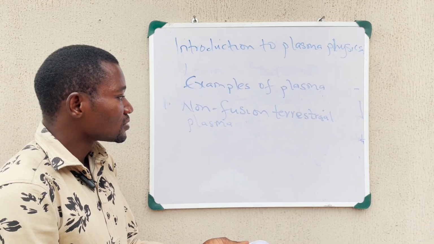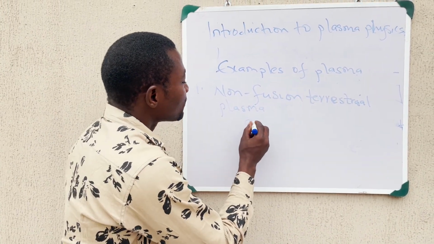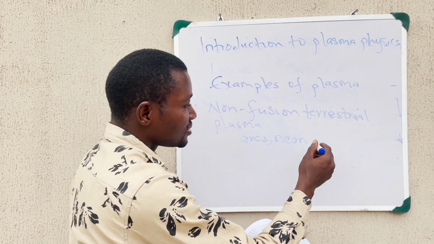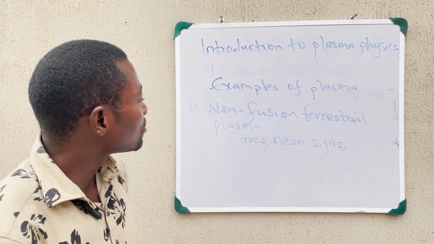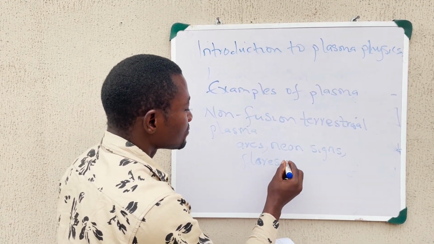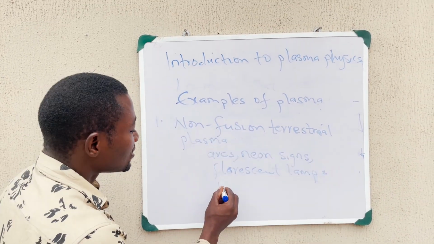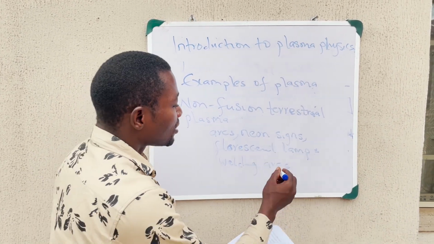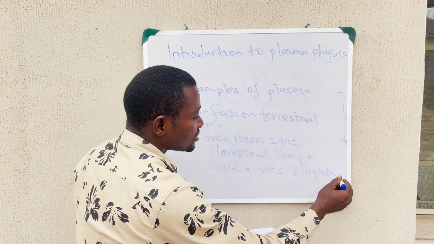Examples of non-fusion terrestrial plasma are the arc, the neon sign, the fluorescent lamp, the welding arc, and lightning.